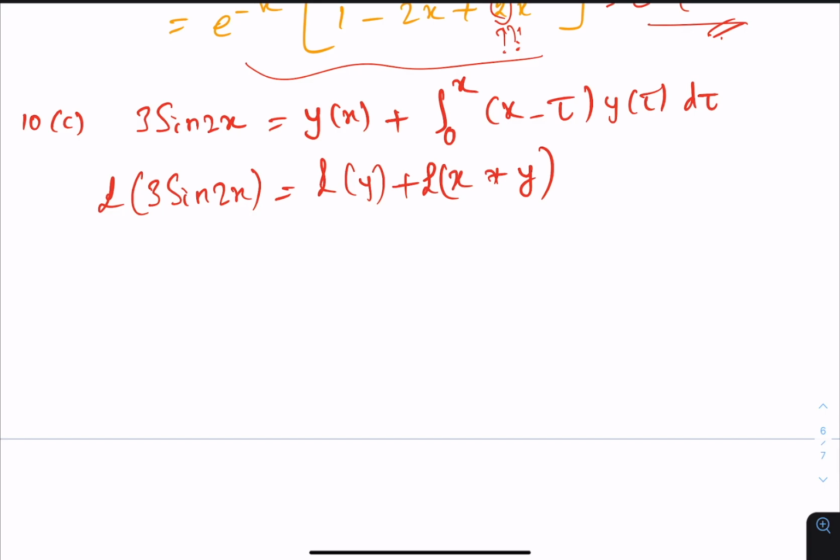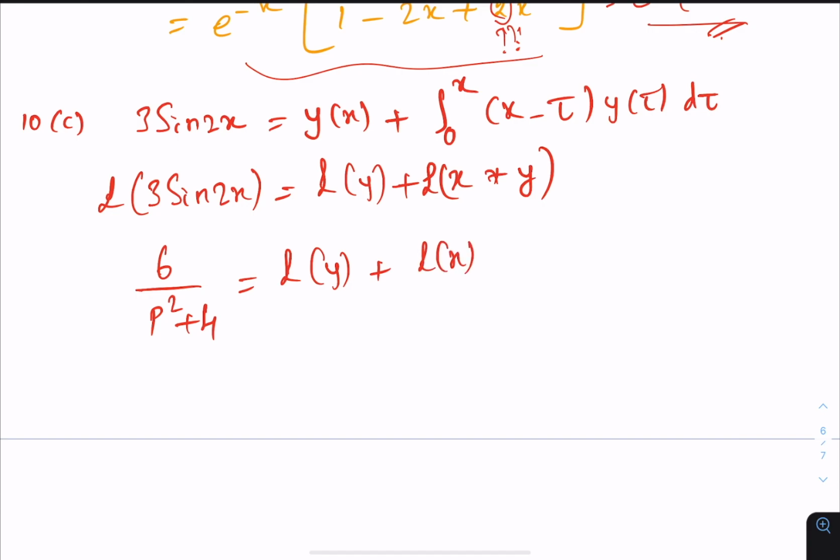By the formula, sine 2x is something which we know, it's 2 by p square plus 4, so it's 6 by p square plus 4, and that's equal to L of y times 1 plus Laplace transform of x, which is 1 over p square.